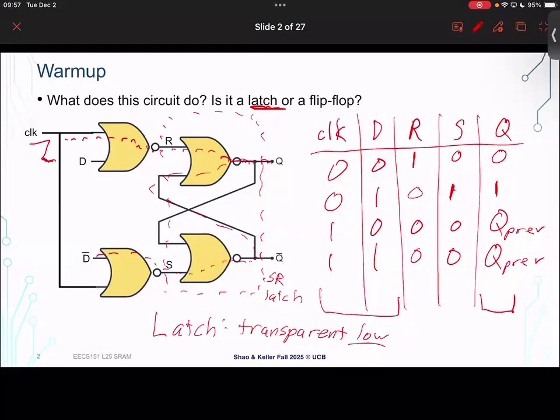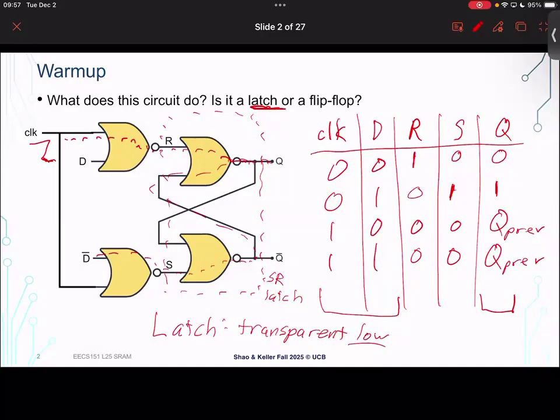Yeah, it can be a bit challenging to wrap our heads around these sequential circuits, especially if you feel like you've mastered combinational logic and understanding its functionality from the first half of the course. This kind of throws a curveball, right? We have all this weird stuff going on. We have feedback. We have nodes that depend on the current state rather than just the inputs like combinational logic.